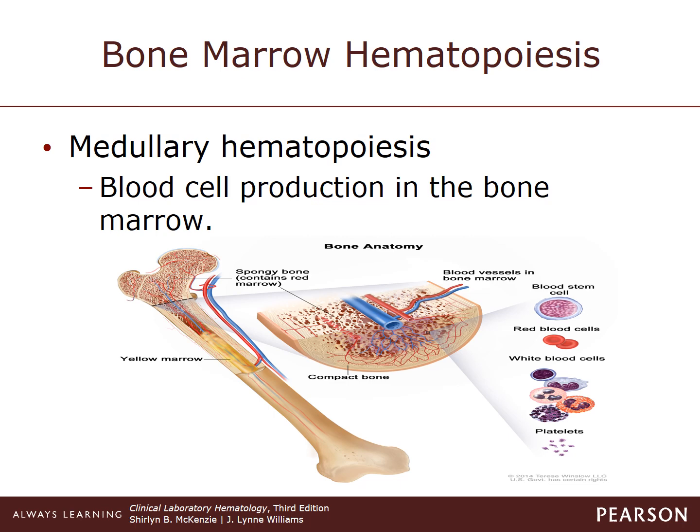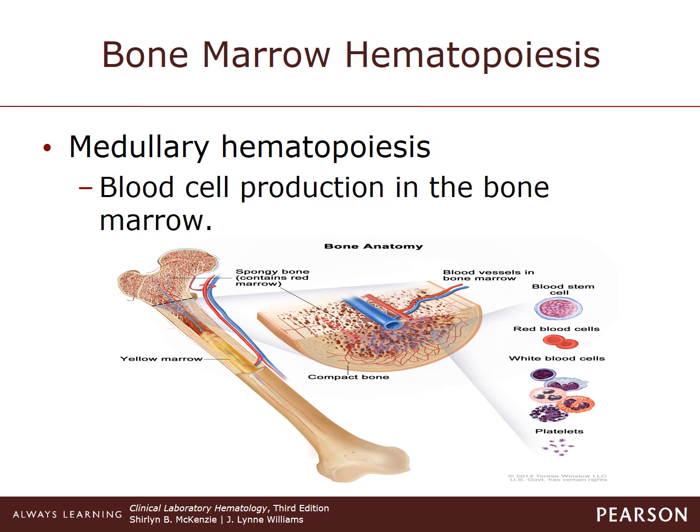Here you can see a cross-section of a bone where you see the yellow marrow composed of fat and the red marrow where the cellular niches will be. Then you see the expansive vasculature network within the bone marrow to supply enough oxygen and nutrients to those developing cells.